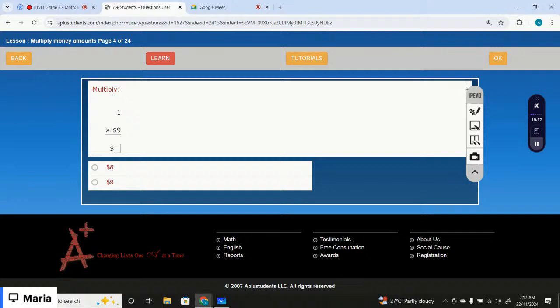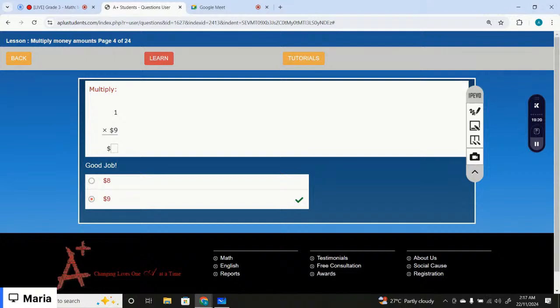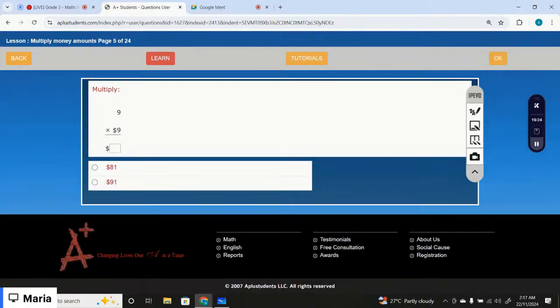The correct option is option number 2. 9 times 9 makes 81. Option number 1 is the correct option.